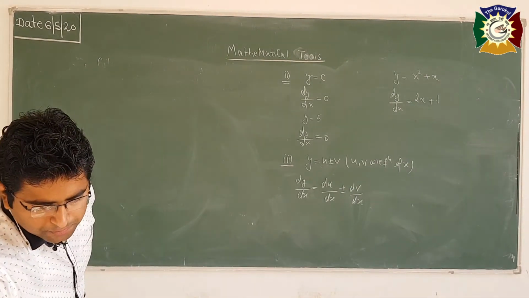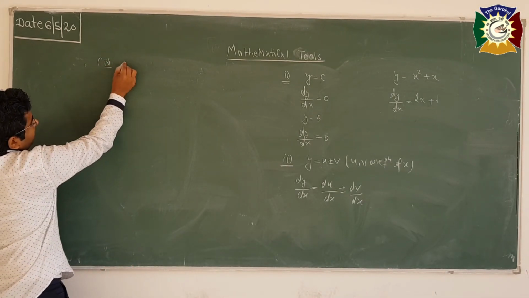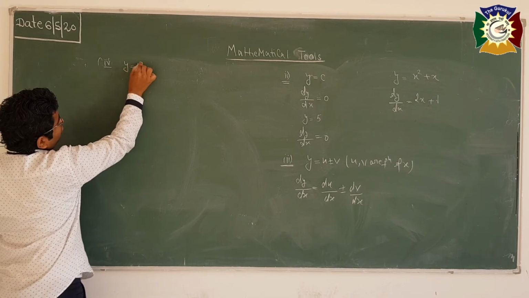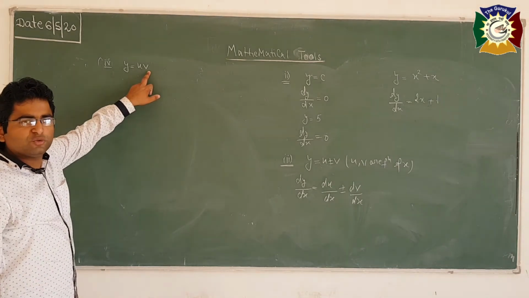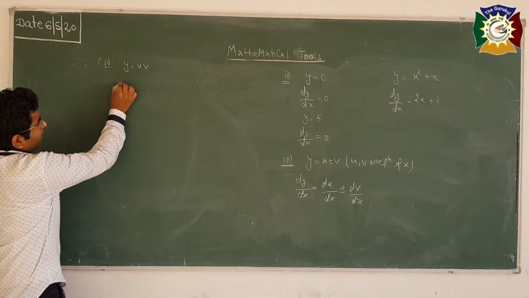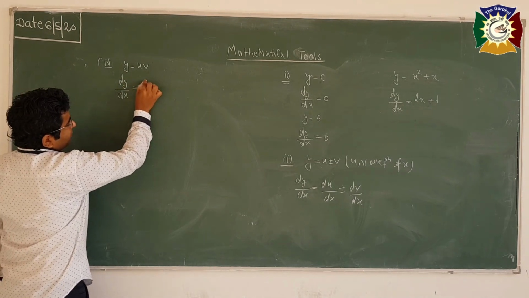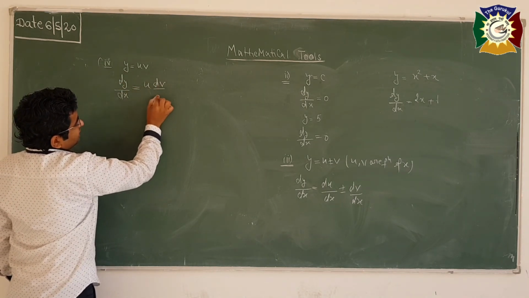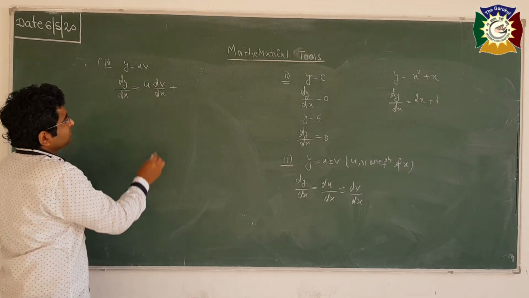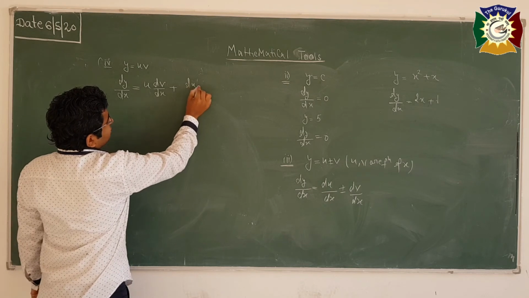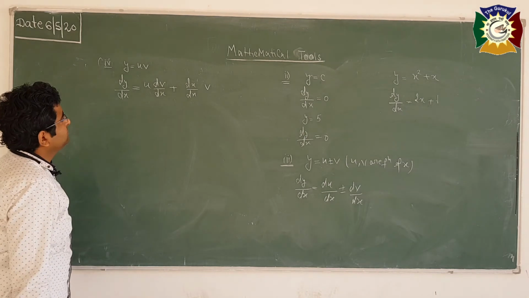Okay, students, now fourth, if y equal to u into v, where u and v are the functions of x, then how to differentiate it? dy upon dx, we can write u as it is, times derivative of the second term, plus derivative of the first term and second term as it is.